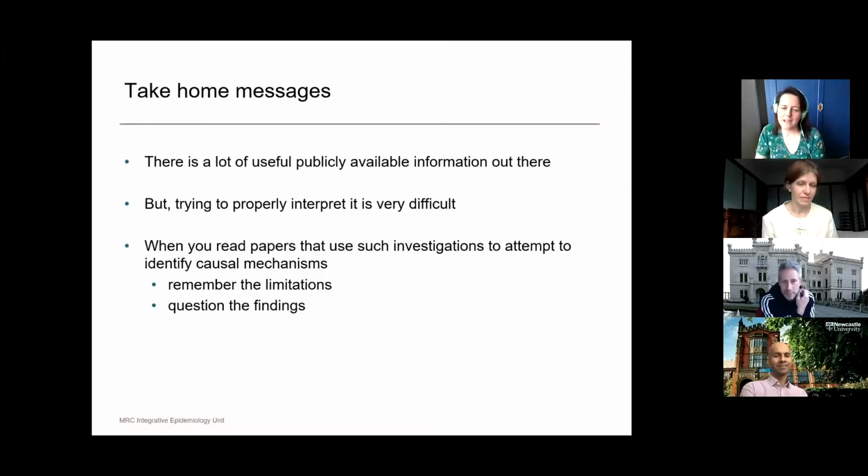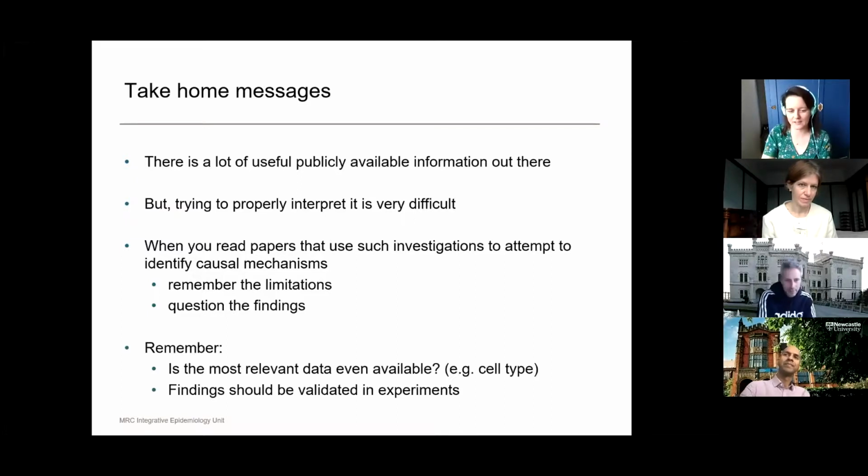If you're reading papers that do these kinds of investigations, remember the limitations and question the findings, and think about what other analyses or experiments you would want to see to really believe those findings. One of the key things I think about is: is the most relevant data even available? Can you look at the cell type you want to? And as I said, findings need to be validated in experiments to really get confirmation that you found the variants or genes of interest.